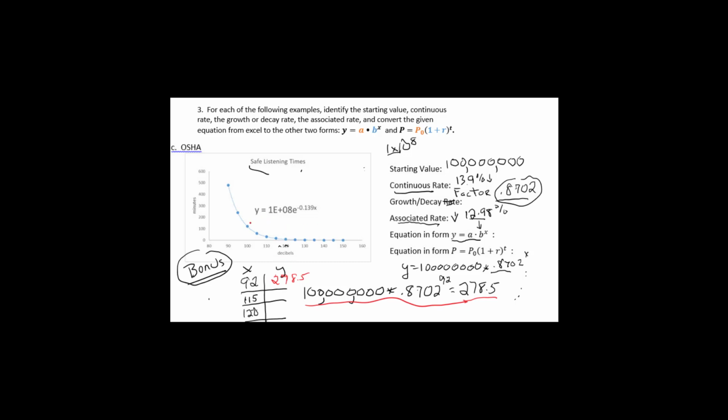And the answer would be, at 92 decibels, it's 278.5 minutes that you can listen to this level of decibel noise output. That's the safe time for that level of noise.